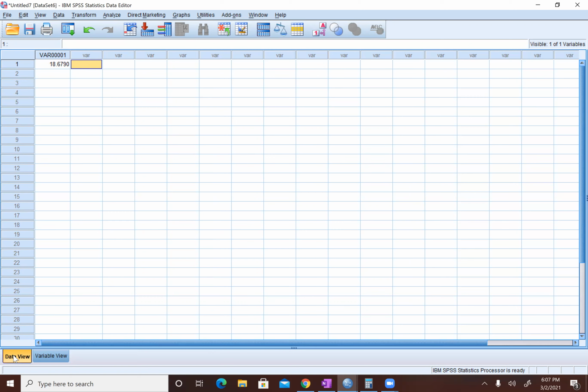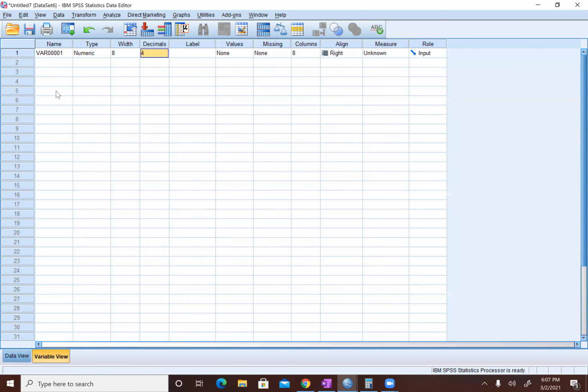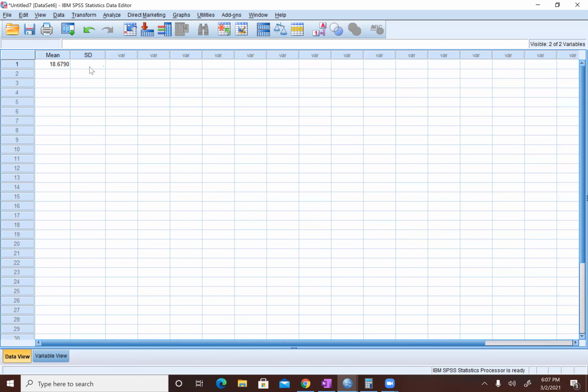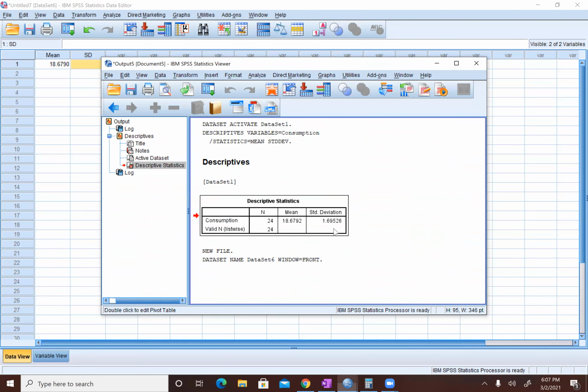Similarly, give it a name actually. And you can straight away define a new variable and give it 4 decimals. Go back to data view and put in the value of the standard deviation, which is 1.695.